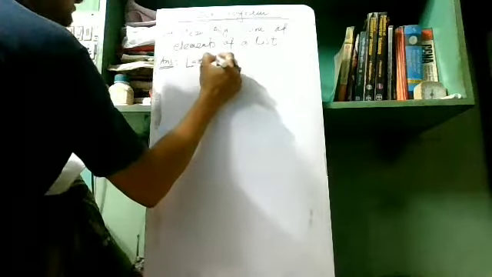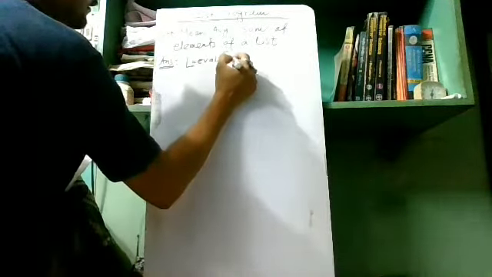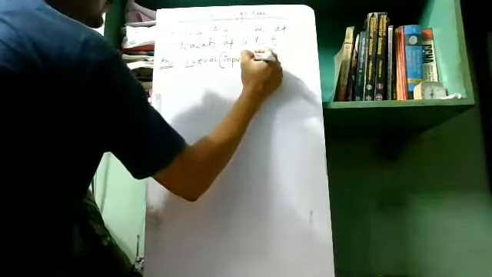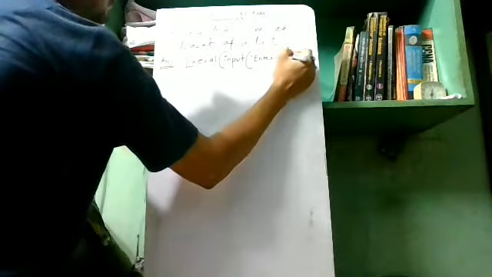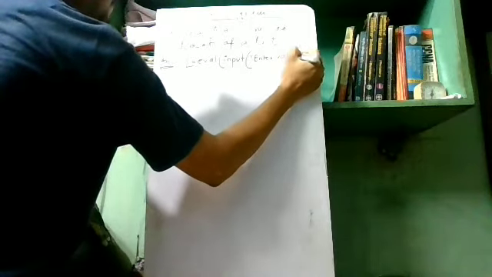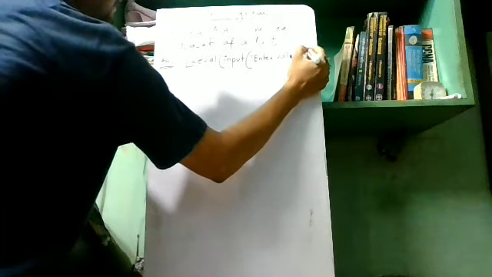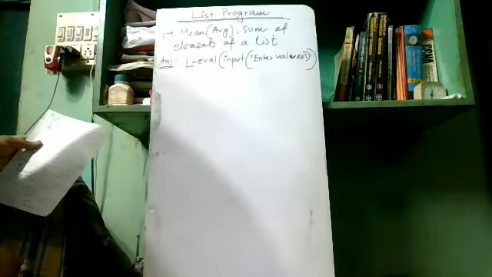So first of all, from user we are taking the values, we are requesting user to input a value. This is the first code.